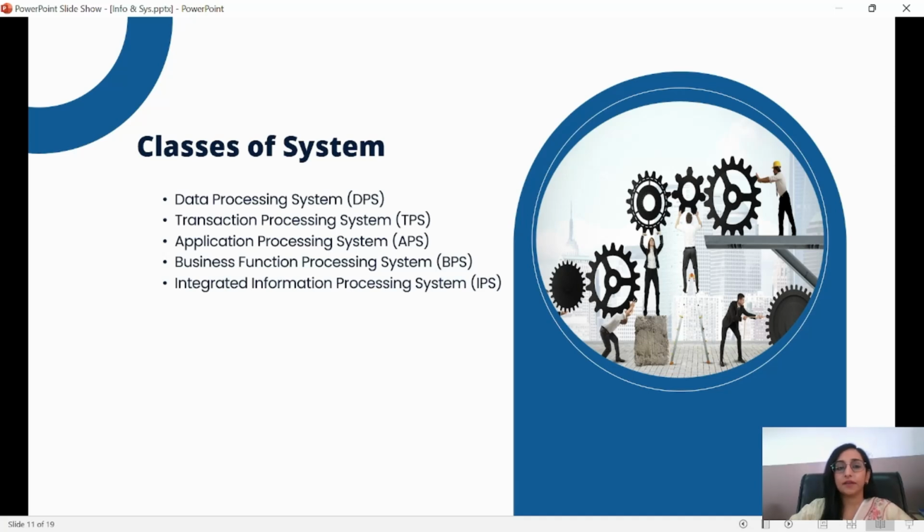These systems use valid, authenticated data and information already stored in various systems. IPS is an integrated information processing system for producing information supporting top management's decision making.